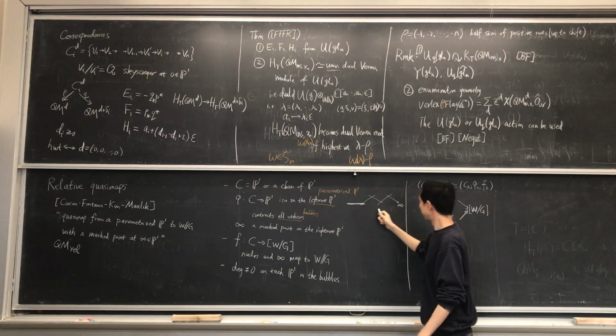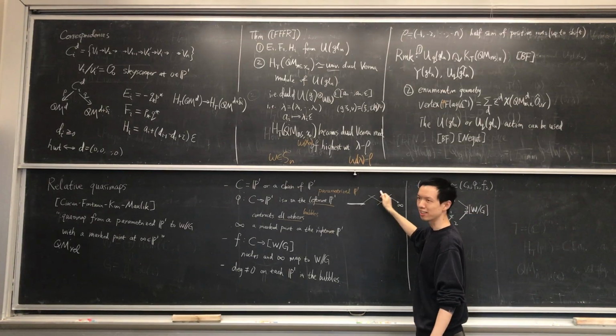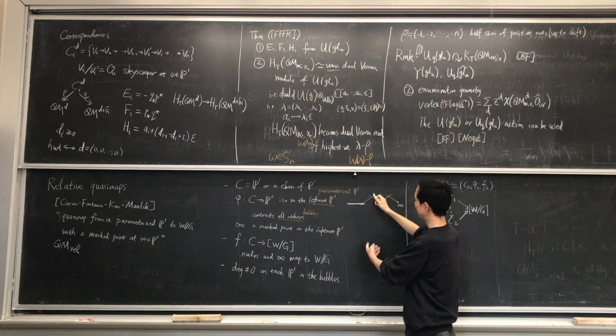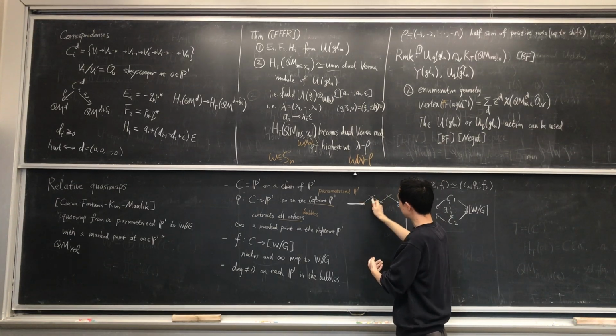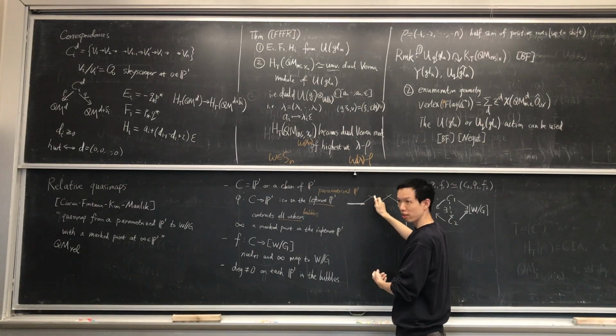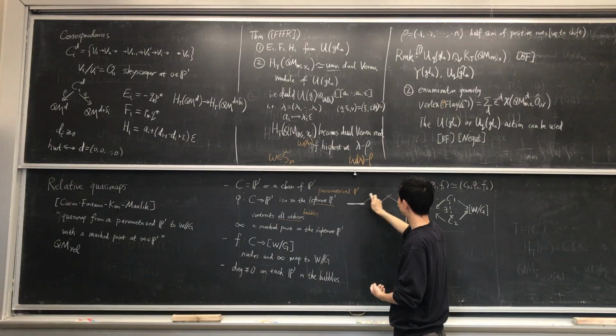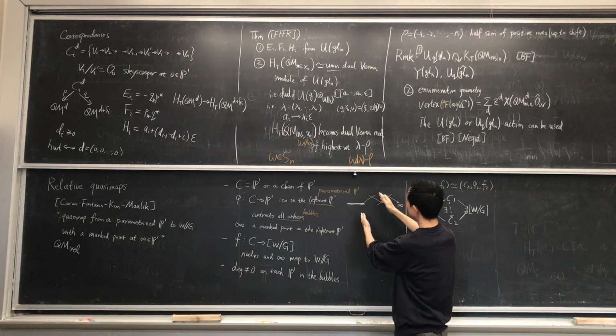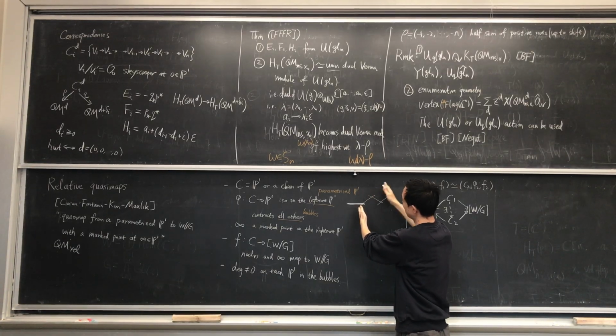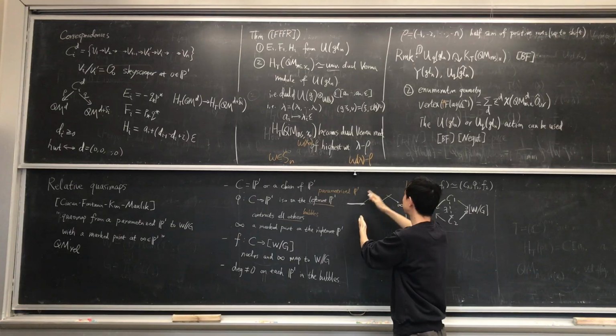So in other words, for each P1 in the bubble, there's a C star worth of freedom: if you change your map by an automorphism, that's considered the same map.